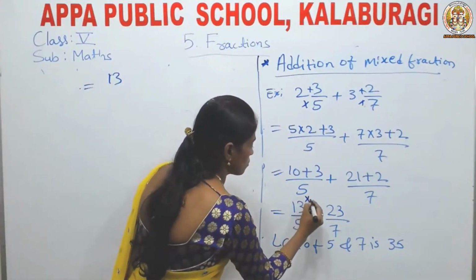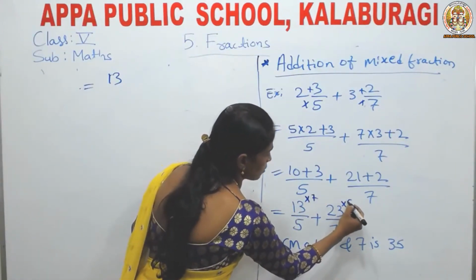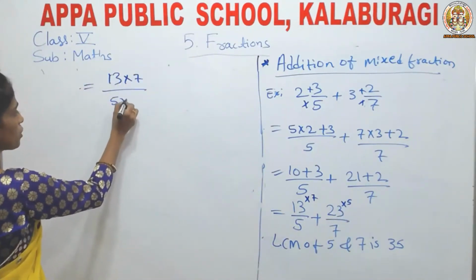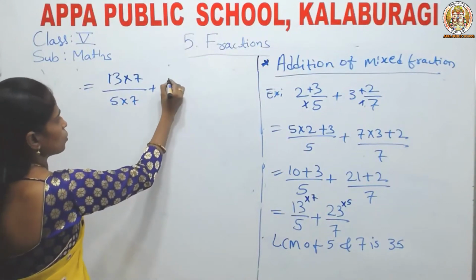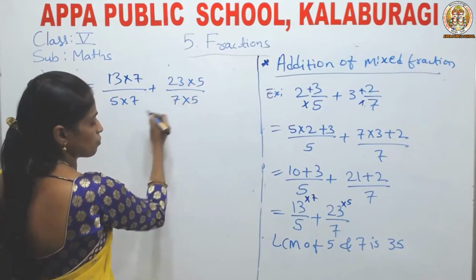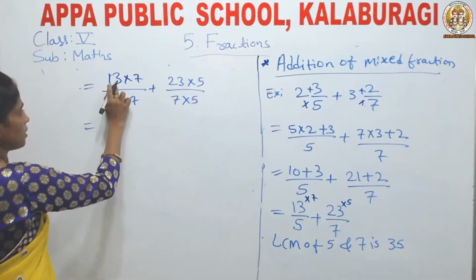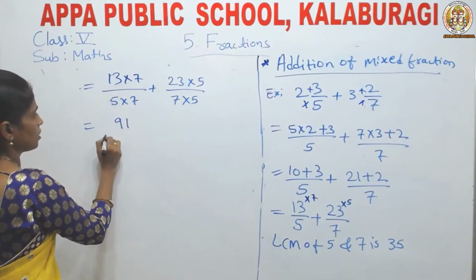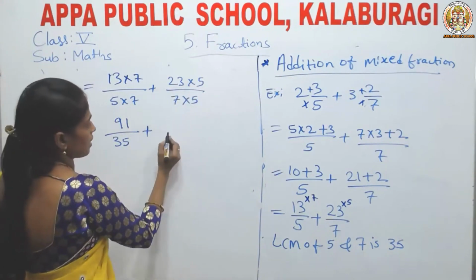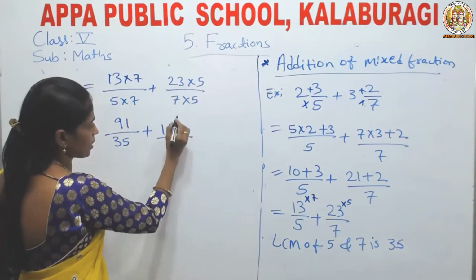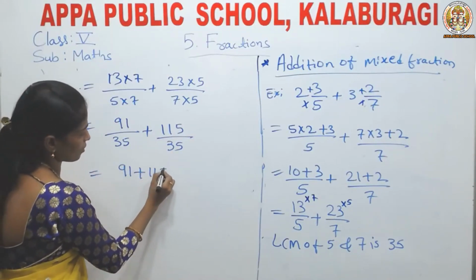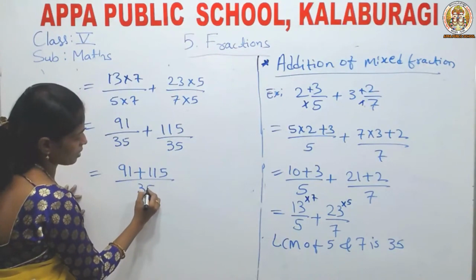Here it is 7 for the first and 5 for the second. 13 into 7 divided by 5 into 7, plus 23 into 5 divided by 7 into 5. 13 sevens are 91, divided by 5 sevens are 35, plus 23 fives are 115, divided by 35.